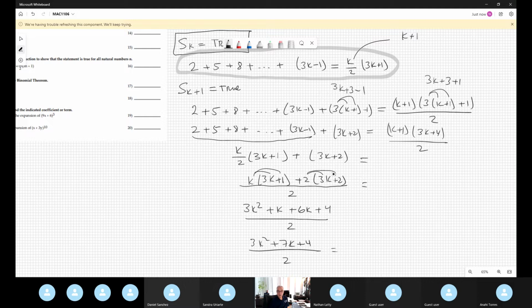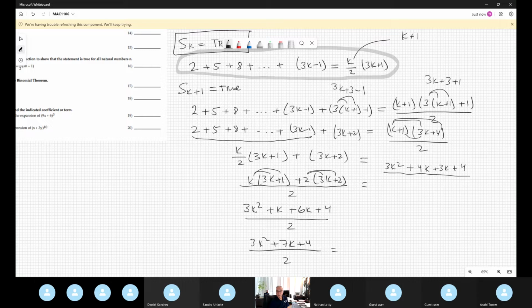I need to continue, but on the right-hand side. On the right-hand side, you have two binomials, and you FOIL them. You multiply, FOIL first, 3k squared, plus 4k, sorry, 4k, plus 3k, okay, this and this, plus 4.